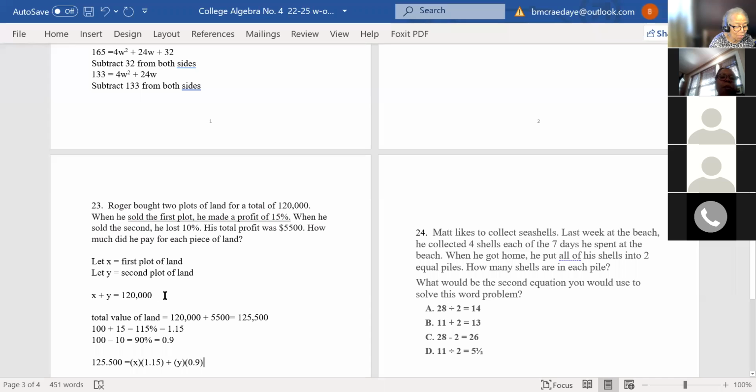If X plus Y is 120,000, then Y equals 120,000 minus X, because we're solving this for Y. If you subtract the X from both sides, Y would be 120,000 minus X. Follow?